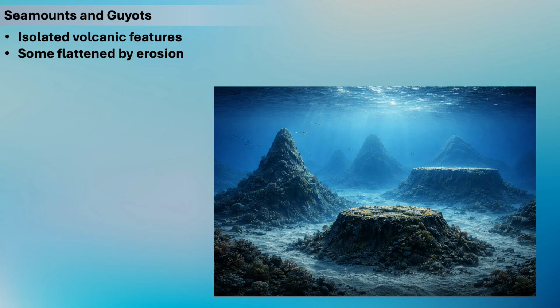In addition to recording volcanic activity and long-term cooling of the lithosphere, seamounts and geodes play an important role in ocean dynamics. Because they rise thousands of meters above the surrounding abyssal plains, they disrupt the flow of ocean water moving across the sea floor.